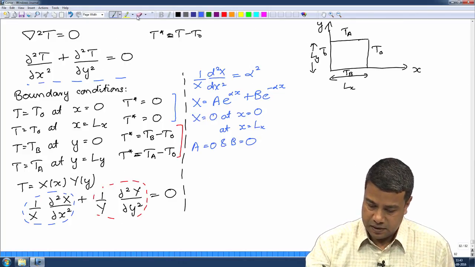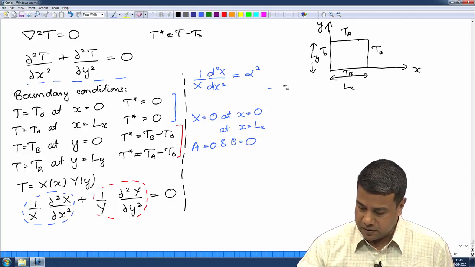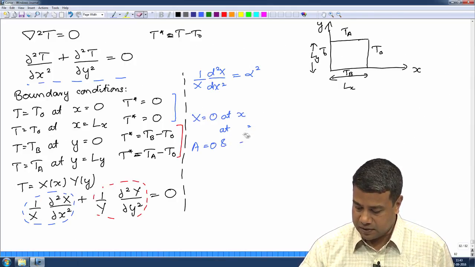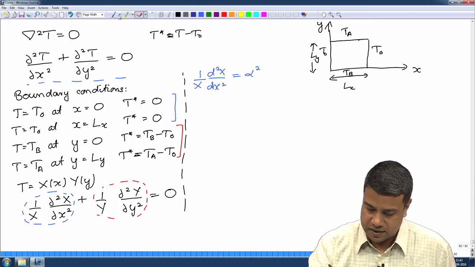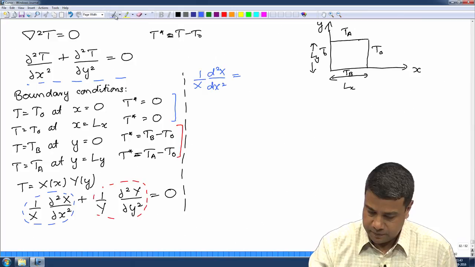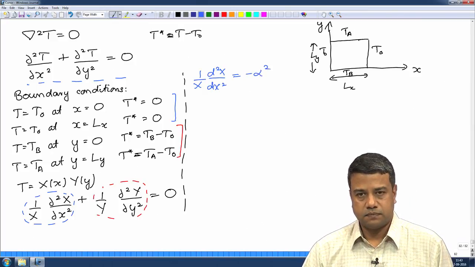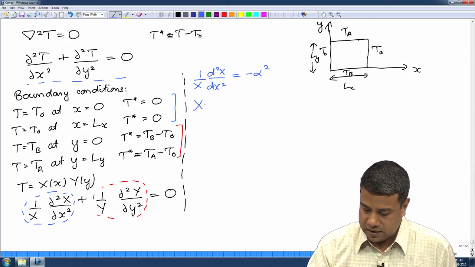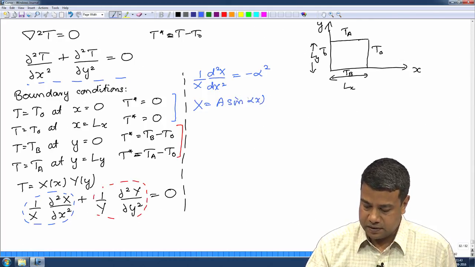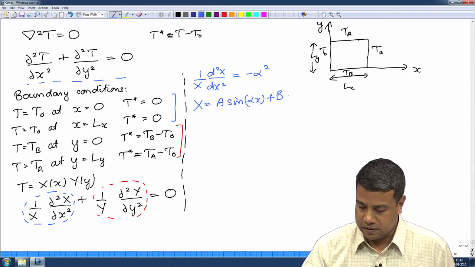Therefore, the only solution that I can get which will decrease to 0 at both boundaries is if this constant is negative, minus alpha square. In this case, if I solve this, I will get X equal to a sin alpha x plus b cos alpha x.